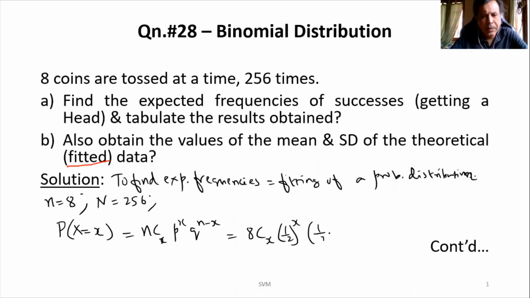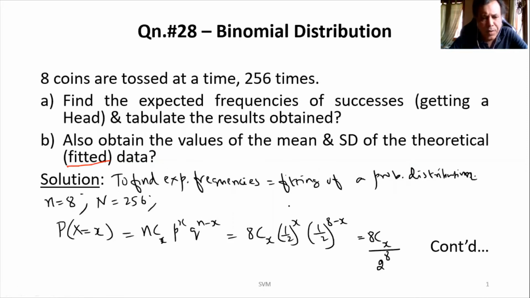So 8 minus x. Since both have the same base, I can add the indices. So it becomes 8Cx into half to the power of 8, or divided by 2 power 8. Ultimately the probability mass function becomes 8Cx by 2 power 8.